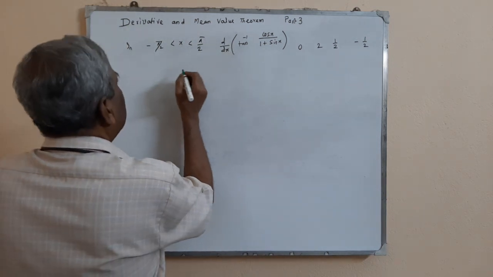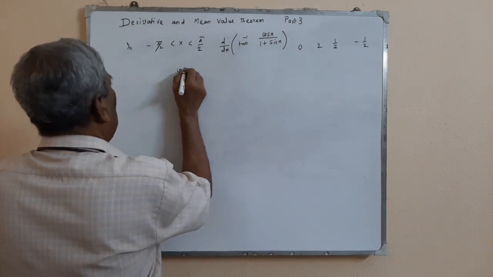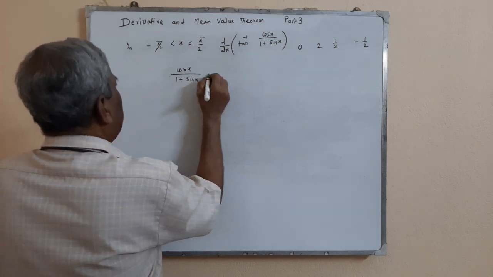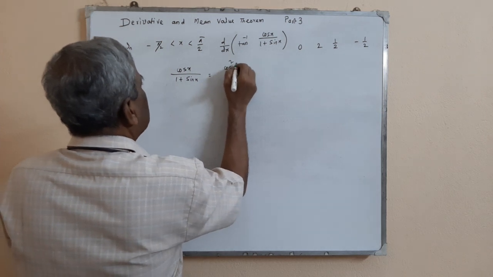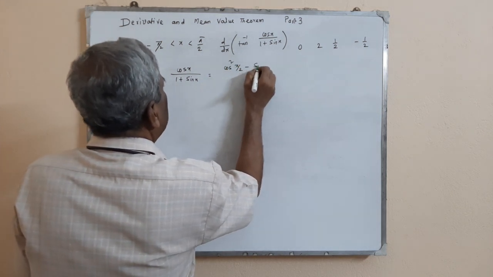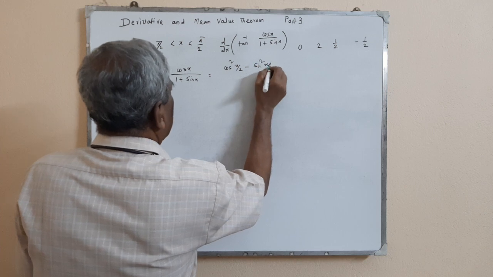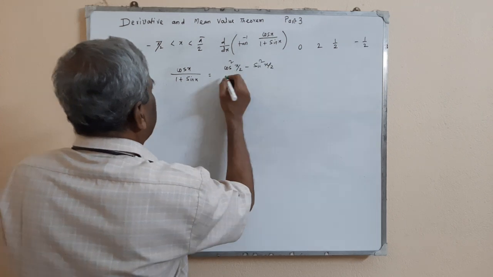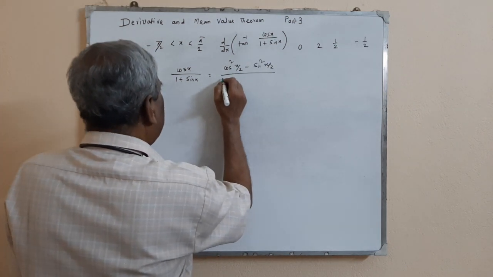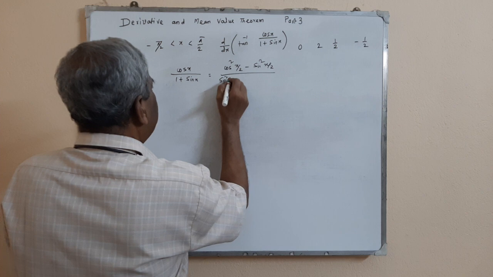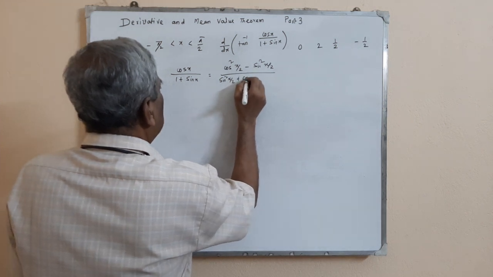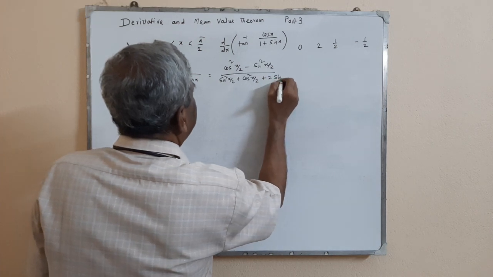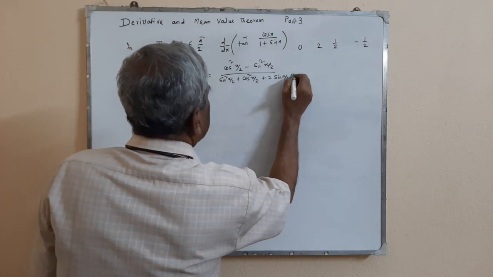Now we know that cos x by 1 plus sin x is equal to cos square x by 2 minus sin square x by 2, since the formula of cos 2x is cos square x minus sin square x, divided by sin square x by 2 plus cos square x by 2 plus 2 sin x by 2 cos x by 2.